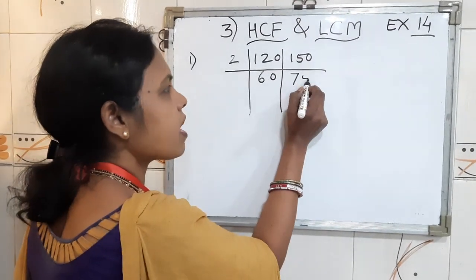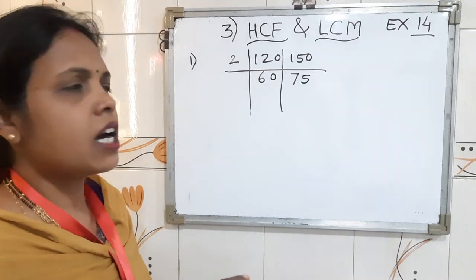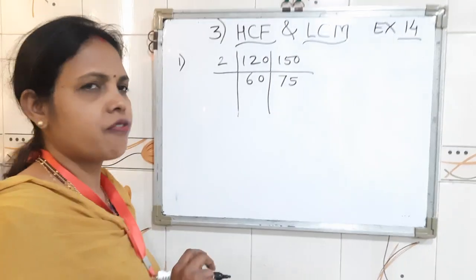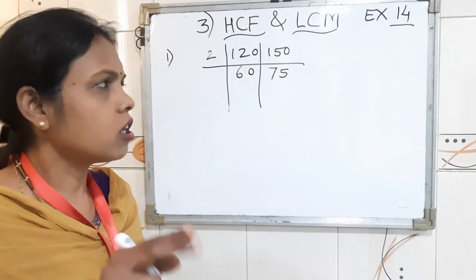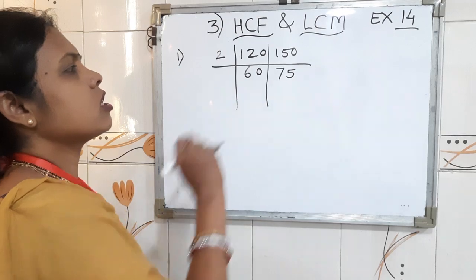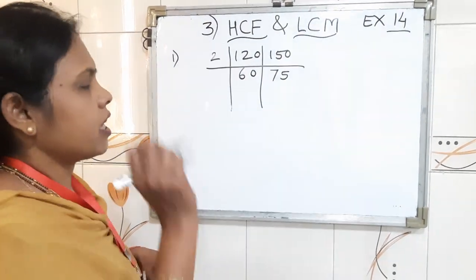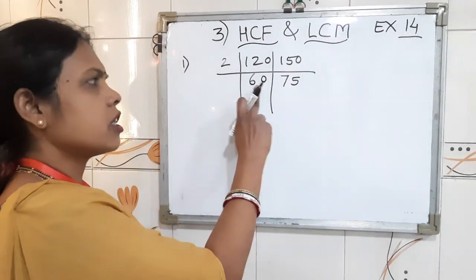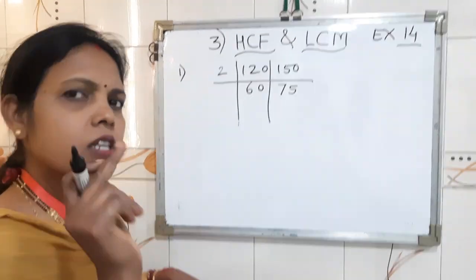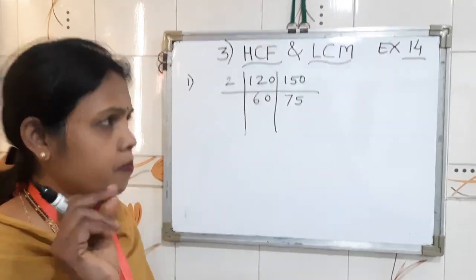Next, 2 fives are 10. For both these numbers, 60 and 75, we will find the next prime number which divides both. If you remember, both numbers will divide by 3 as well as 5. Therefore first we will prefer 3.